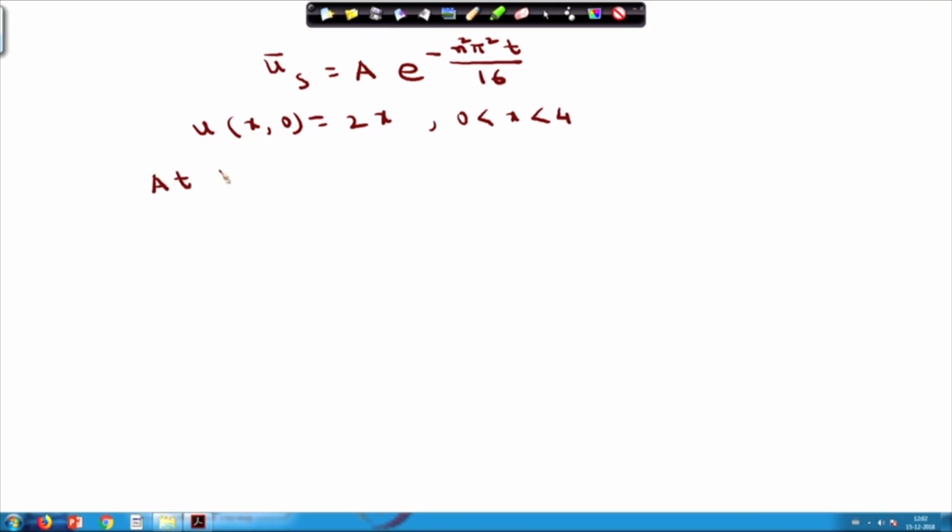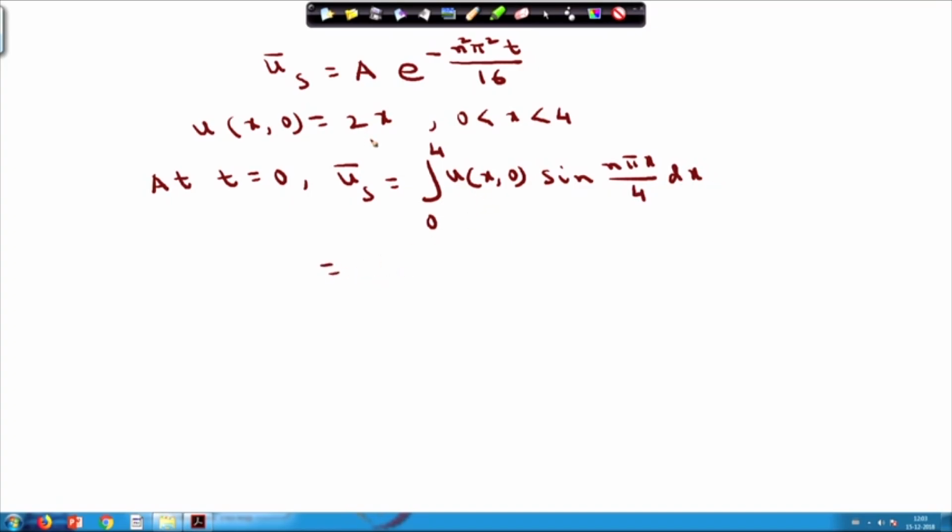At t equals 0, what is ū_s? From the definition of ū_s, it is the integral from 0 to 4 of u(x,0) sin(nπx/L) dx, L is 4, where u(x,0) is given as 2x.